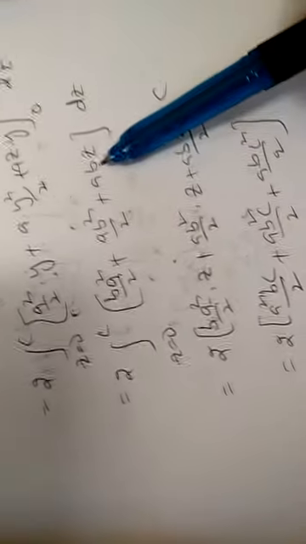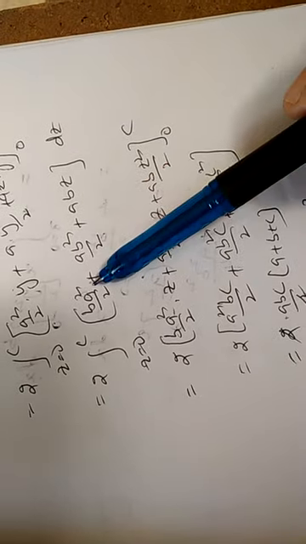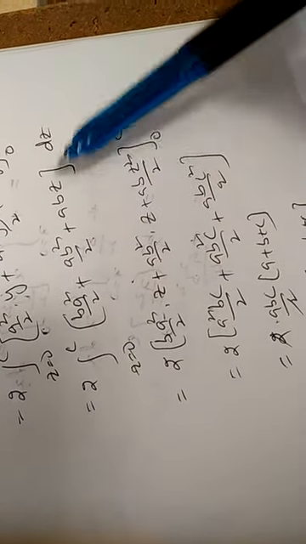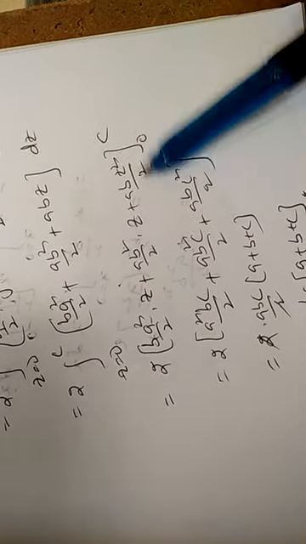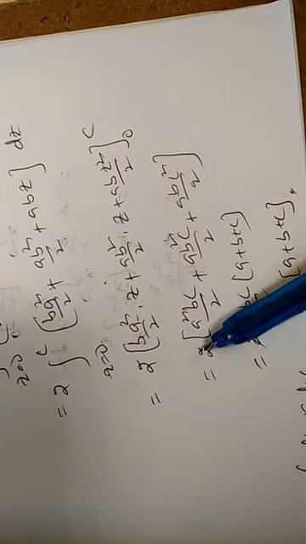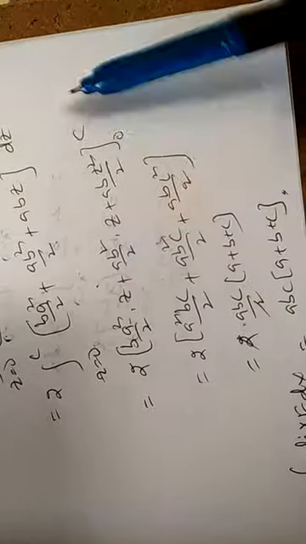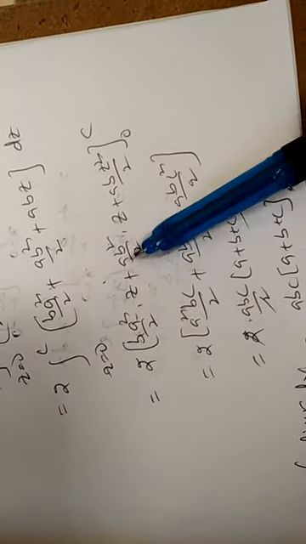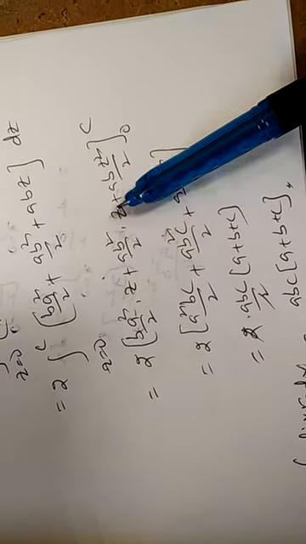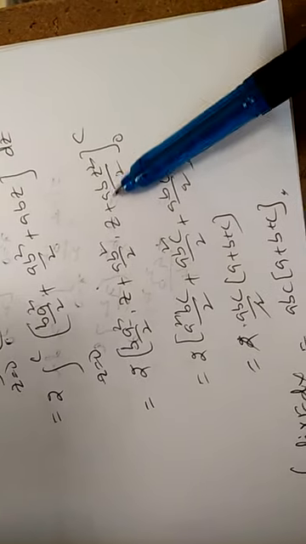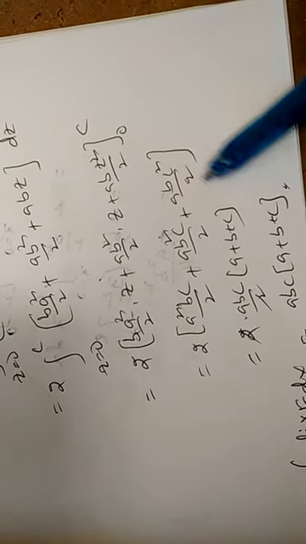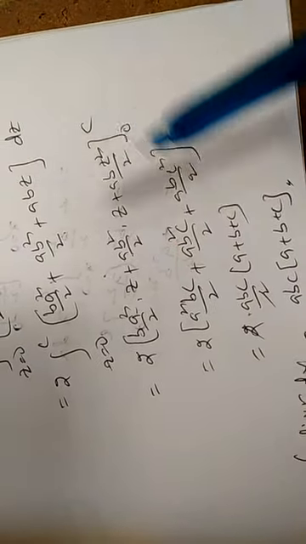Now integrate with respect to z. The integral of z is z square by 2, from 0 to c. Applying the limit, we get a square bc by 2 plus ab square c by 2 plus abc square by 2. The lower limit is 0.